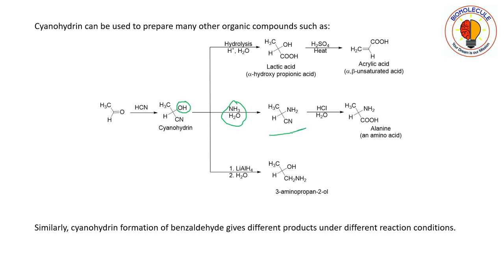See here in the product, all the three groups, that is methyl, hydrogen and cyanide, are intact, but the hydroxy group is exchanged with an amine group, NH2 group. Okay, one hydrogen from ammonia and this OH will leave to give us water, and ammonia's NH2 will attack that carbon.